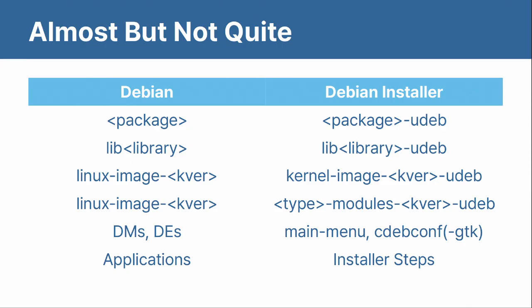That also causes problems. The analog of the display manager and the desktop environment is called main-menu, which is what you get when you boot a Debian installer system, a menu essentially, if you are in expert mode. If you are not in expert mode, the menu starts executing its steps one by one, and it's like a display manager in that sense, but it doesn't let you do anything.